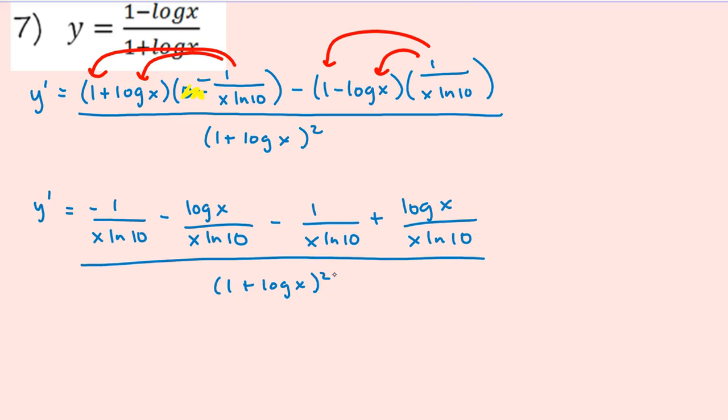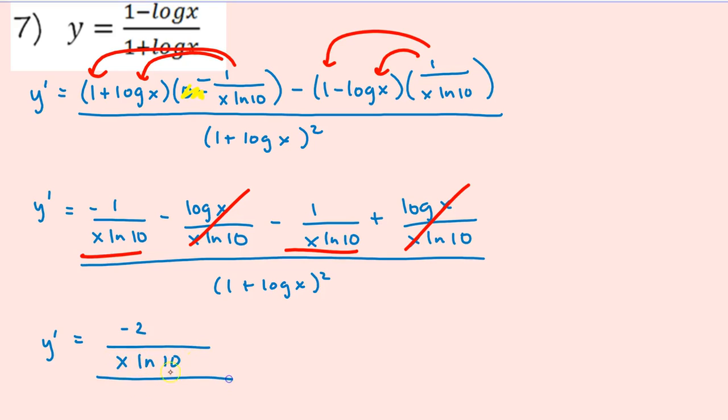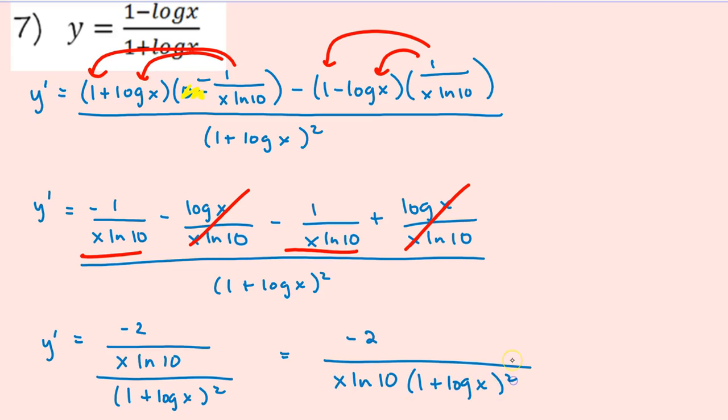Do we have any like terms? We do. We have 2 pairs of like terms, and actually these 2 cancel. And then these 2 can be added together to give us negative 2. So we have negative 2 over x natural log 10 over 1 plus log of x squared. And that can be written as negative 2 over x natural log 10 times 1 plus log of x quantity squared.